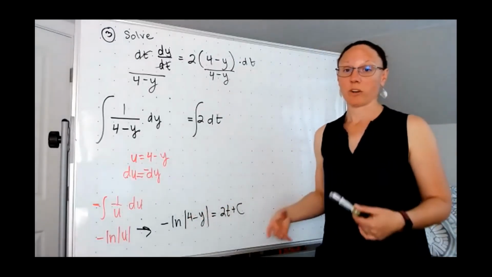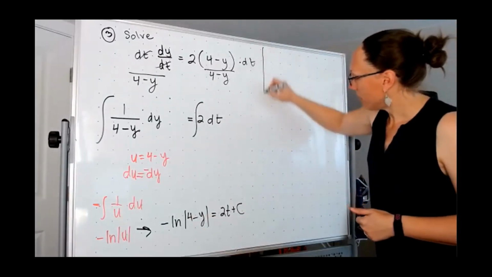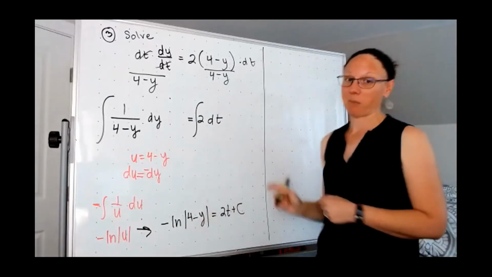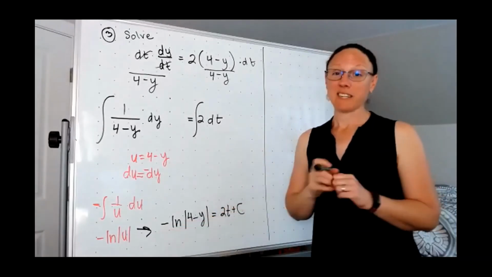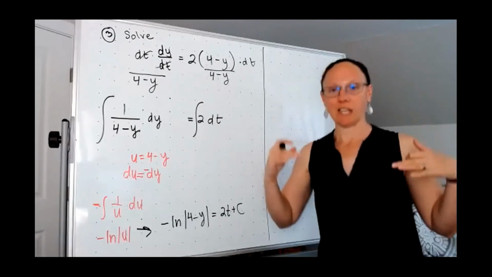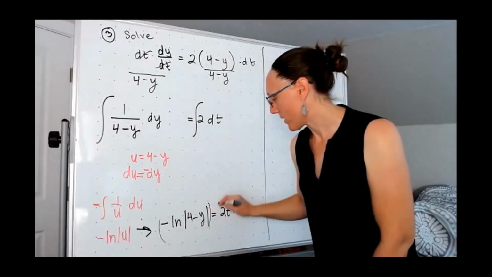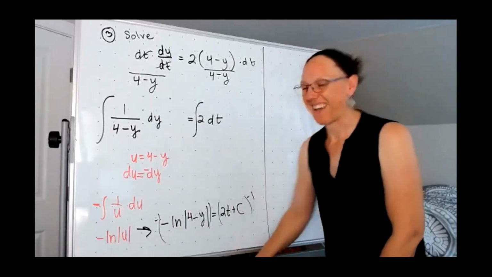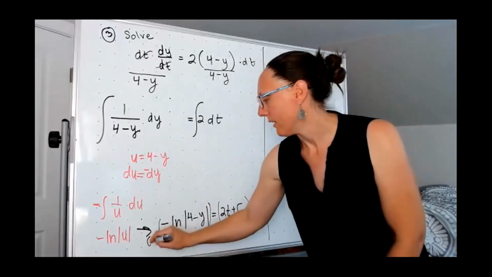I want to go ahead and work through the algebra on this one to get the y by itself. The first thing that I'm going to do is multiply both sides by -1, because I'd like to have this say natural log of something equals, so we can do the e to the stuff on both sides.